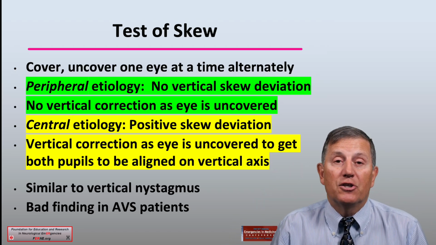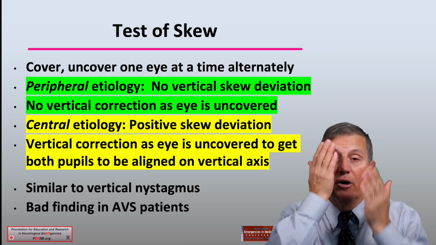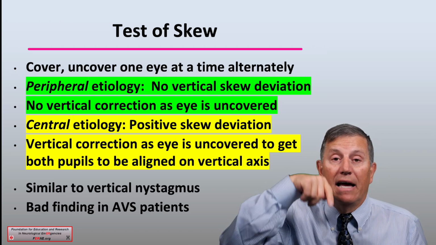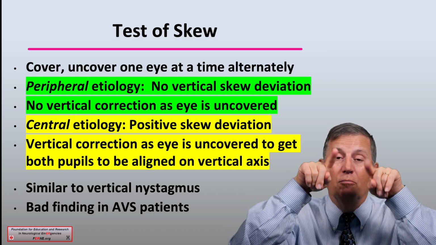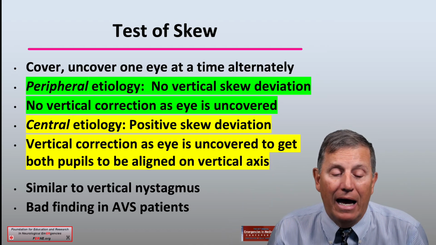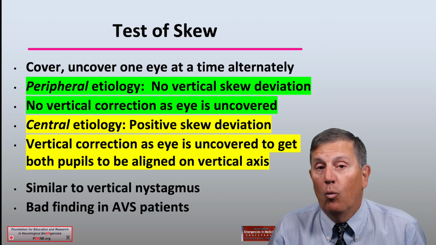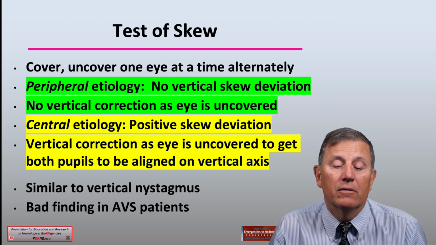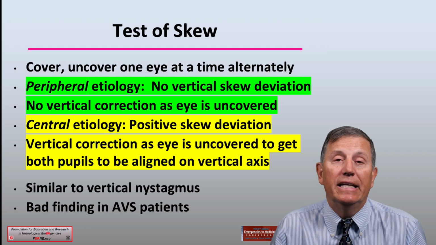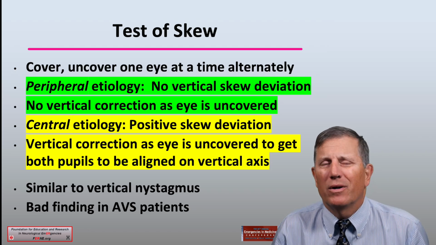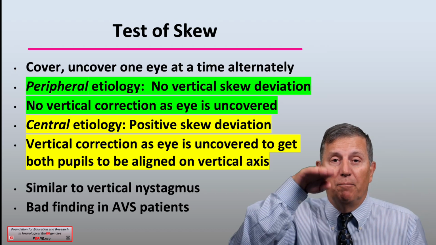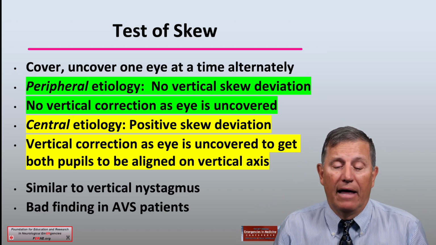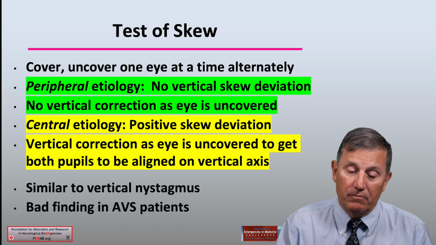If there's any skew deviation, and with covering or uncovering you see one of the eyes moving to correct, if that vertical movement is noted in either eye when one or the other eye is uncovered, that would suggest on test of skew a central etiology. This is somewhat similar to having vertical nystagmus, where the pupils tend to drift off on the vertical axis.